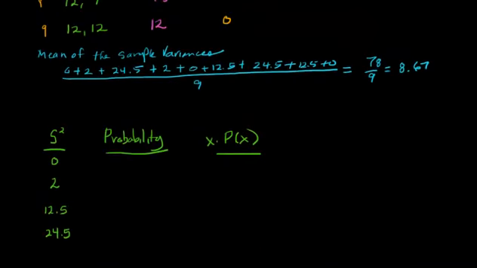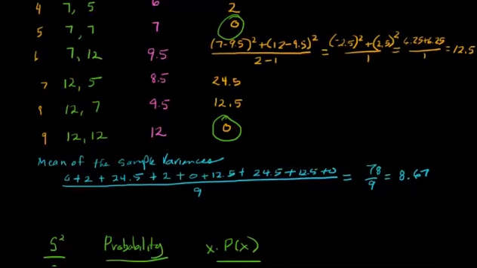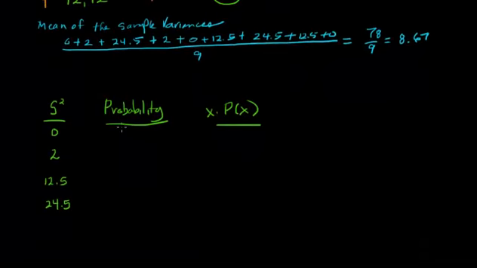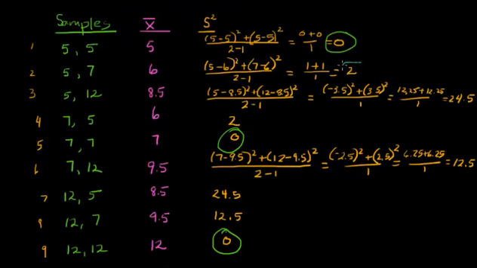Okay, so now let's find the probability of having a sample variance of 0. Out of the 9, how many were 0? Here's 1, here's 1, and here's 1. So 3 out of 9 is our probability of 0. How many 2s were there? Here's a 2. Here's a 2.